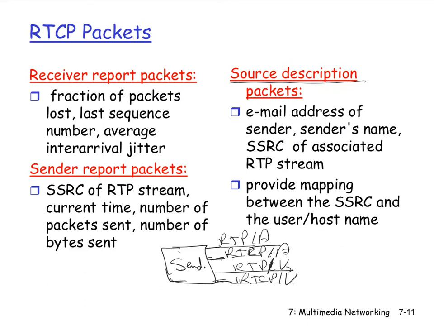So the source description packet gets sent over RTCP sessions to identify that these SSRCs belong to this host name. Okay, so this way the receiver can group all the streams that came from a particular host name. This is coming from the same source or the same host name, and it tries to merge audio and video and other streams together, and then it uses that for synchronization between audio and video, and we will see how this happens.